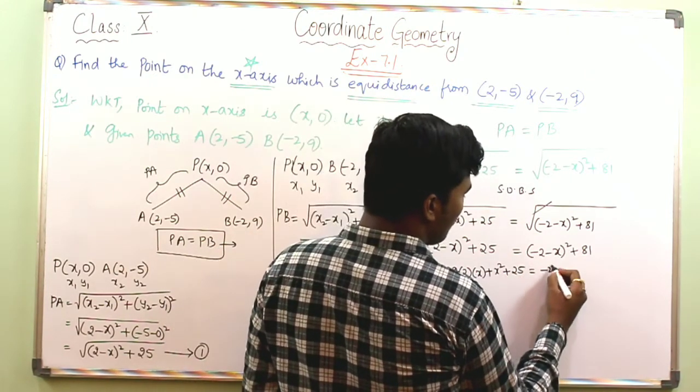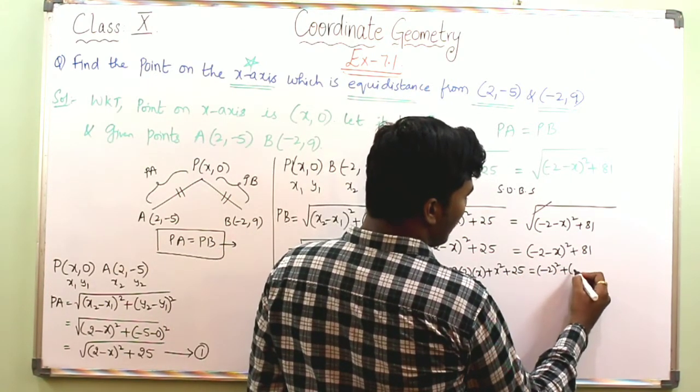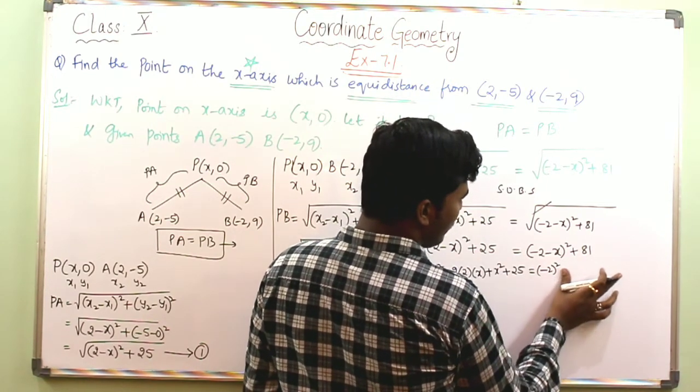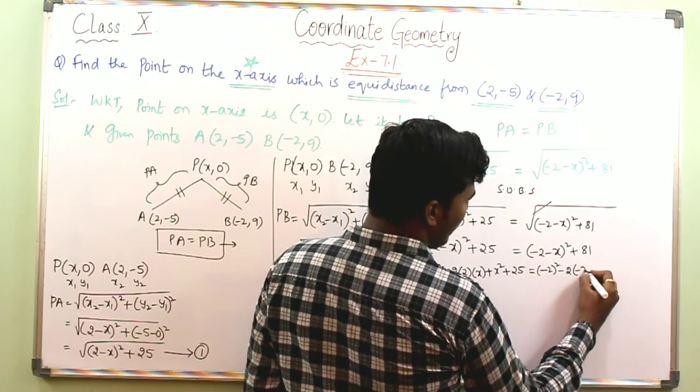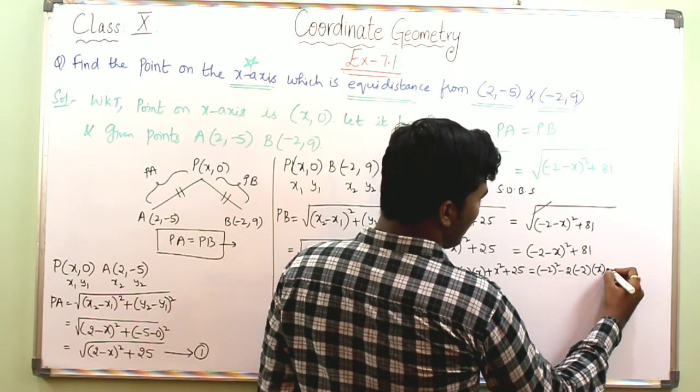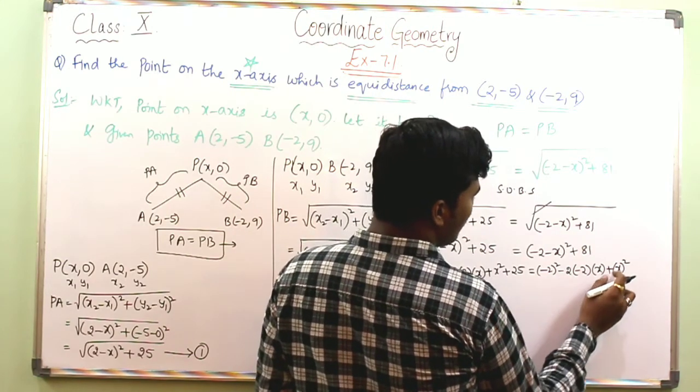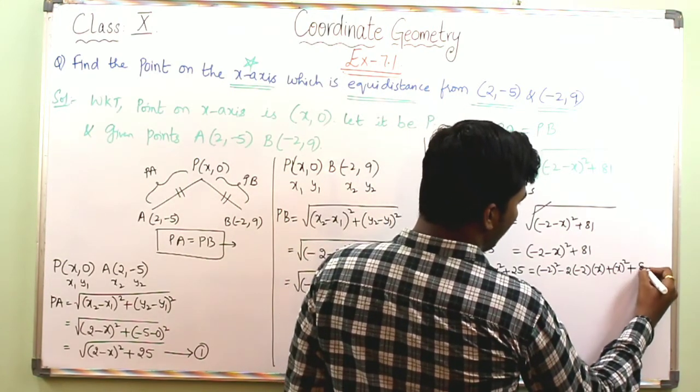Similarly, this side, a square minus 2 into a into b plus b square, plus 81.